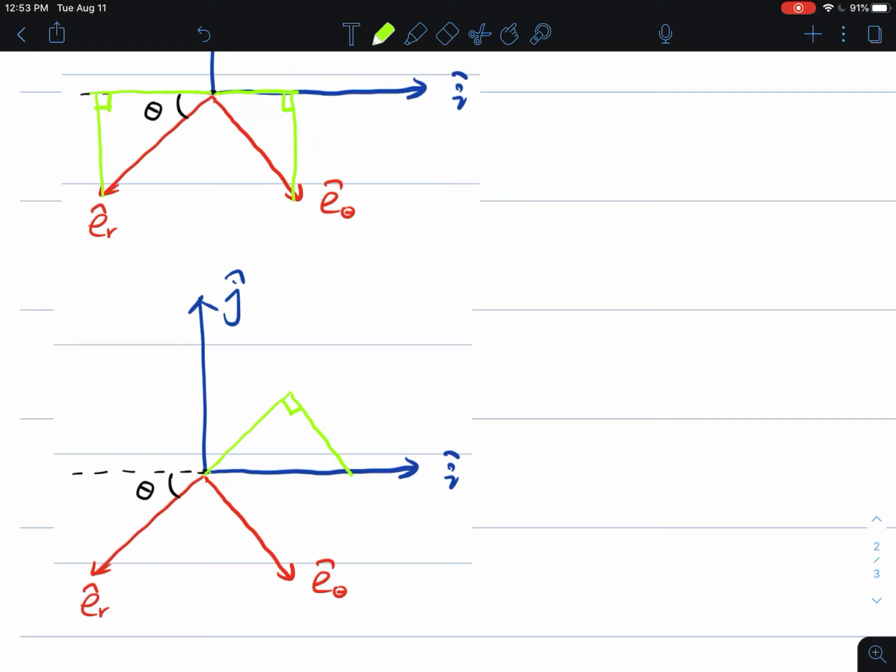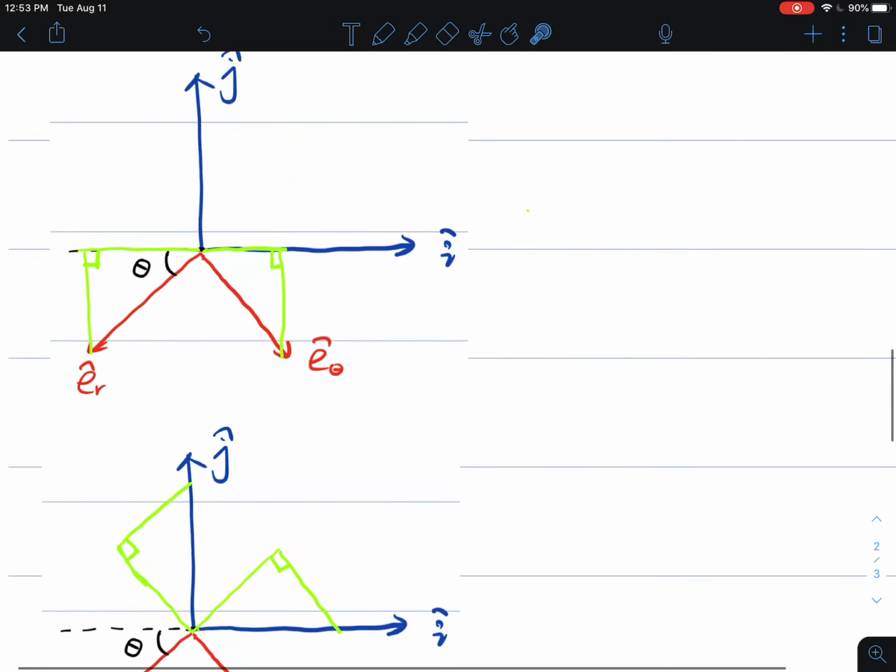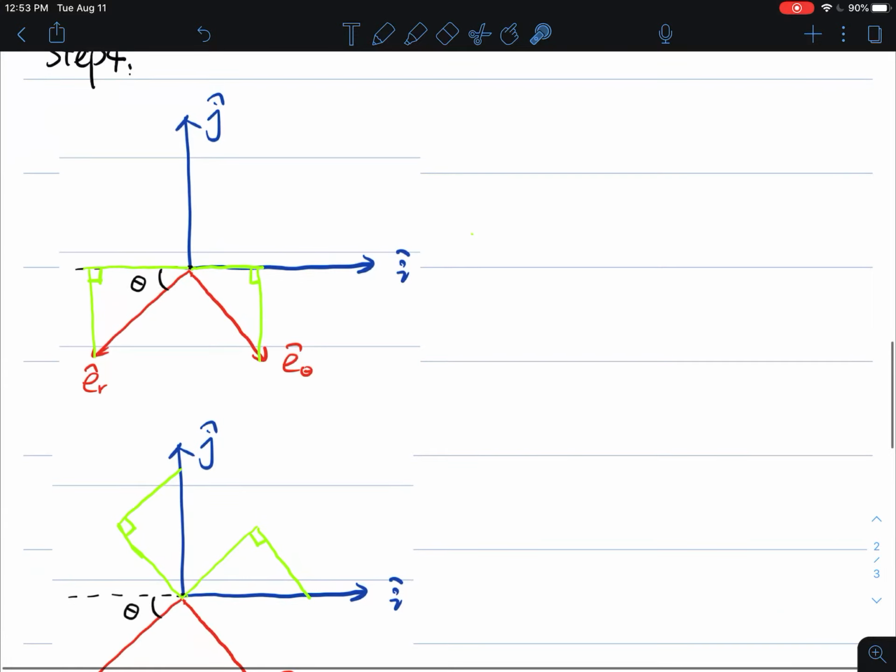So what we can do is extend this E theta in the negative direction and draw a parallel line. The line should be parallel to ER. Okay. So this is the 90-degree angle. All right, so far I have another 2 triangles for the second coordinate system. Great. This is what you need to do for step 4. It is crucial to draw those 4 triangles properly.